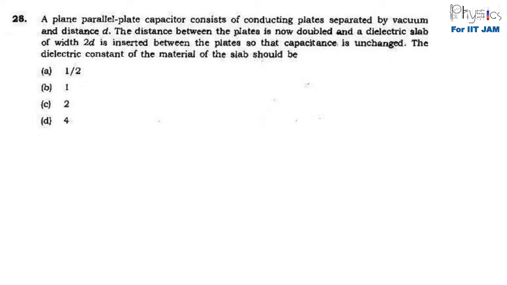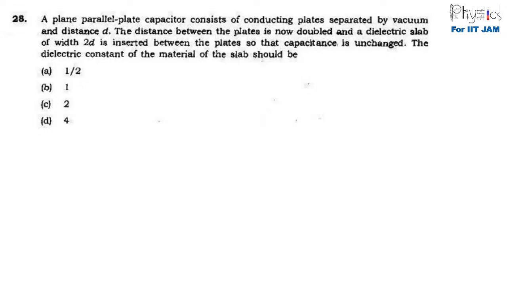Okay, so let's read this question. A plain parallel plate capacitor consists of conducting plates separated by vacuum and distance d. The distance between the plates is now doubled and a dielectric slab of width 2d is inserted between the plates so that capacitance is unchanged.